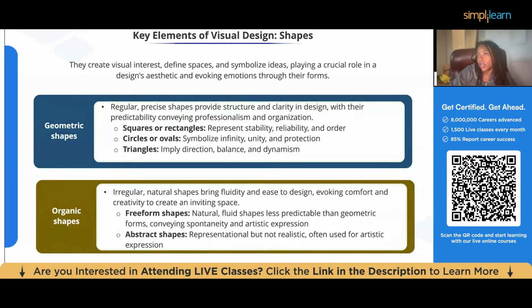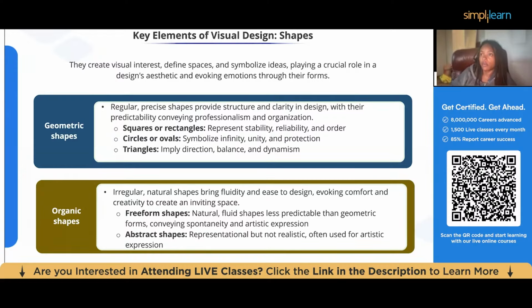And then next, we're going to get into shapes. They create visual interest, define spaces, and symbolize ideas, playing a crucial role in the design's aesthetic and evoking emotions through their forms. You have geometric shapes and organic shapes.